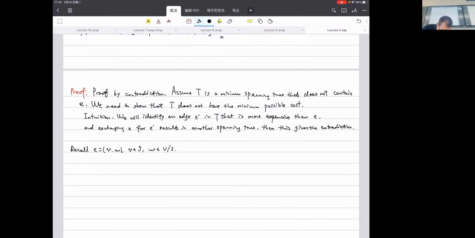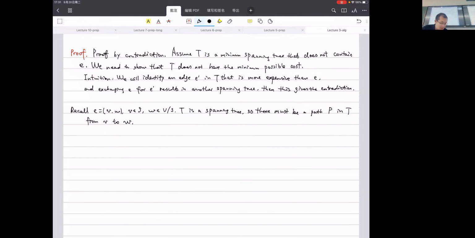So T is a spanning tree, so there must be a path. Let's say the path is P in T from V to W. Oh, sorry, I'm using W here. So what do I mean by that? Let's just consider something like this.